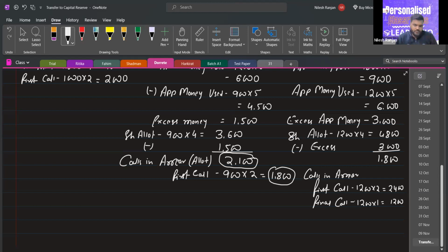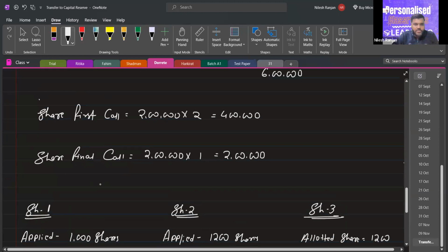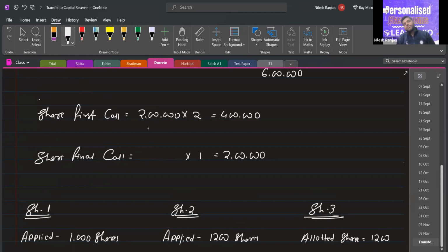Yes, sir. Okay, now final call, there is one mistake we have done here. Actually, not I have done, it is that there are not 2 lakh shares left. If you see the question, the shares of first category and second category are forfeited after first call.